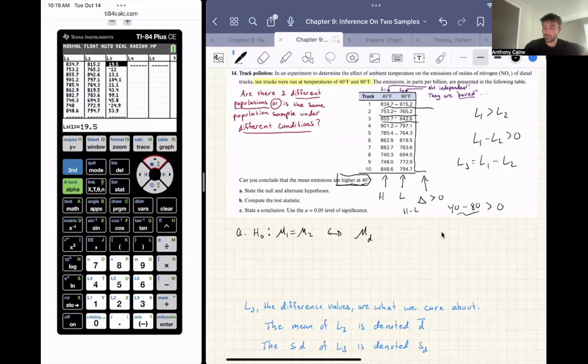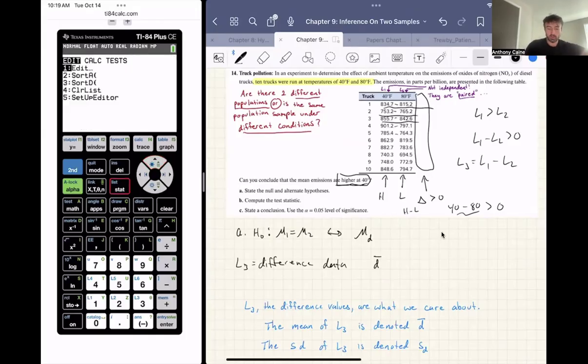This data that I'm not going to fill in by hand is saved in the list L3. So L3 is the difference data. The average of L3 is going to get the name D bar. It's the average of the differences. If I were to tell you what that is, I can have it calculate one-var stats for L3.